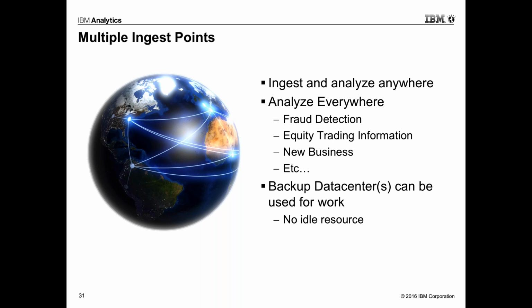All these data centers can have data used for different applications, all available at the same time, which is huge, that you can ingest one type of data in one data center, and it's available everywhere else for you to query.